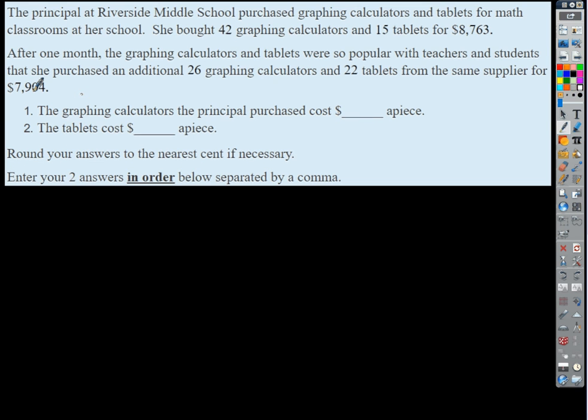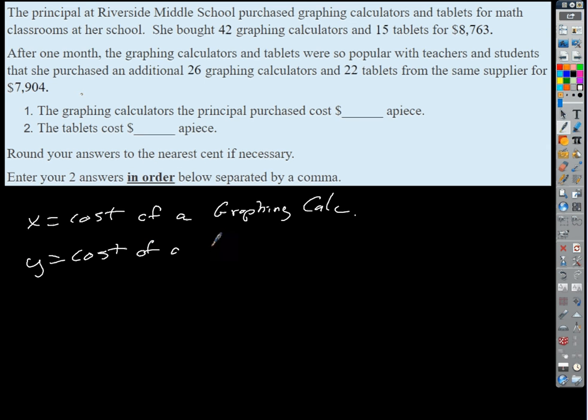Each one of them costs how much, and each tablet costs how much. So we'll let x equal the cost of a graphing calculator, y equals the cost of a tablet. Okay, good. So those are our variables.